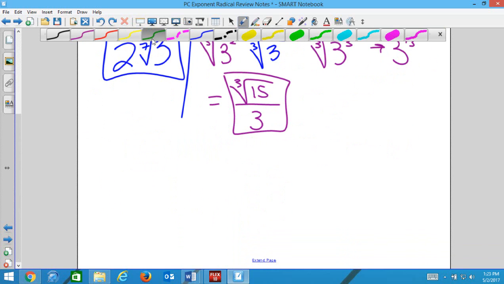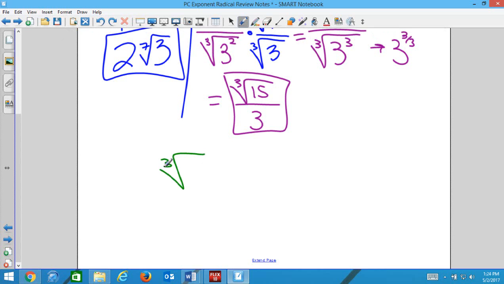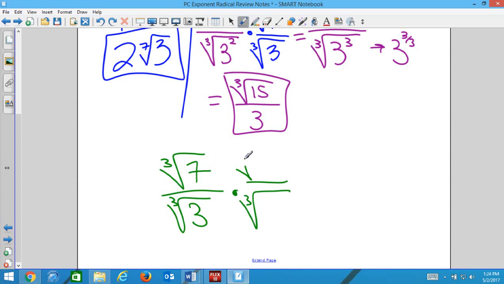If I had something like the cube root of 3 on the bottom and, I don't know, 7 on top, what would I have to multiply by to rationalize it? I have to multiply by the cube root of 3 squared so that I'd have a total of 3 on the bottom. So you have to just give it what it needs to make that total root when you're rationalizing.